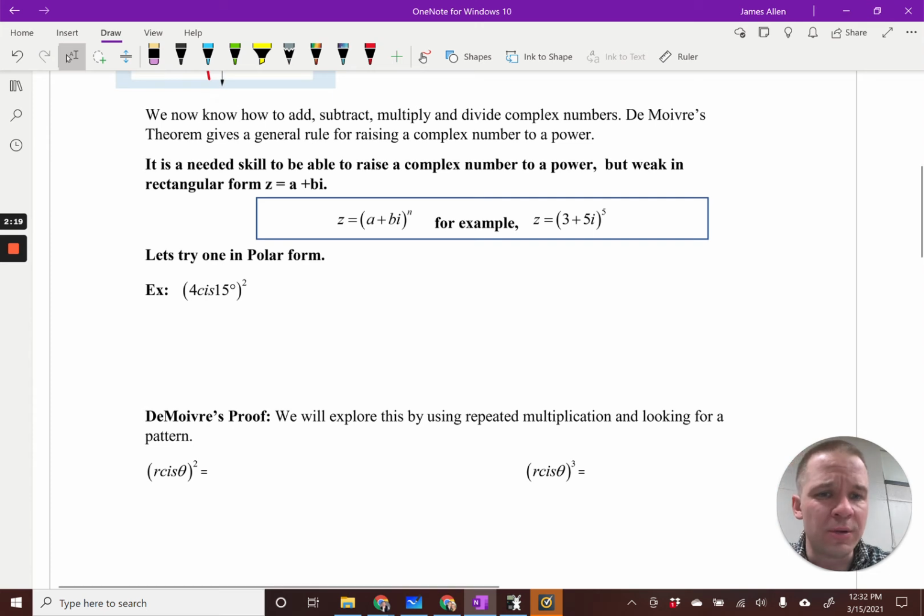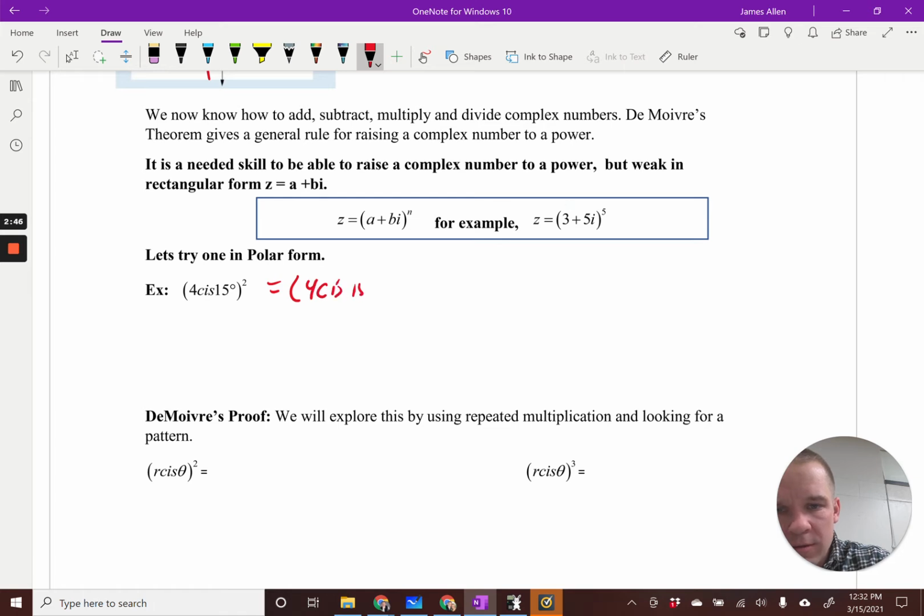Because doing this, I'd have to write it out 3 plus 5i times 3 plus 5i, and so forth, over and over again. Doing that 3 times is kind of annoying, and then 4 and 5, oh gosh, no. Anyways, so here, you could think about this as 4 cis 15 times 4 cis 15, and just use what we know about multiplication.